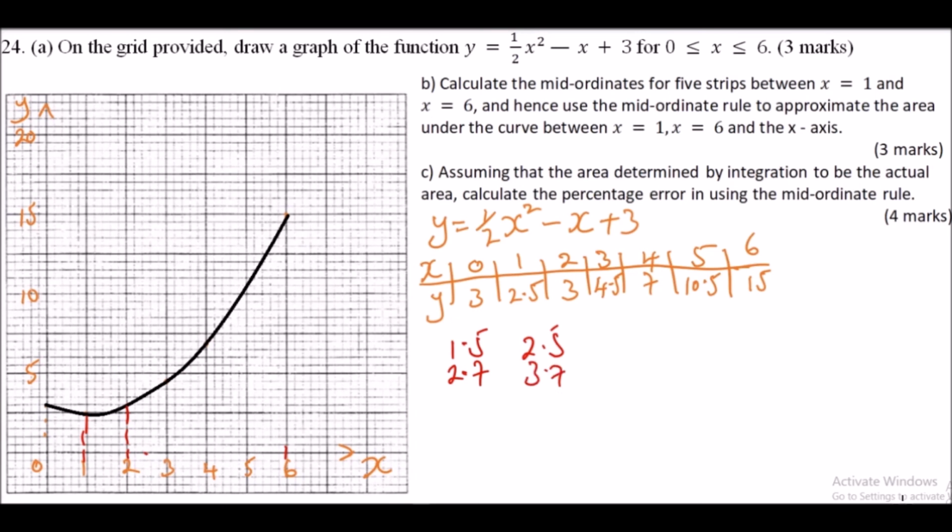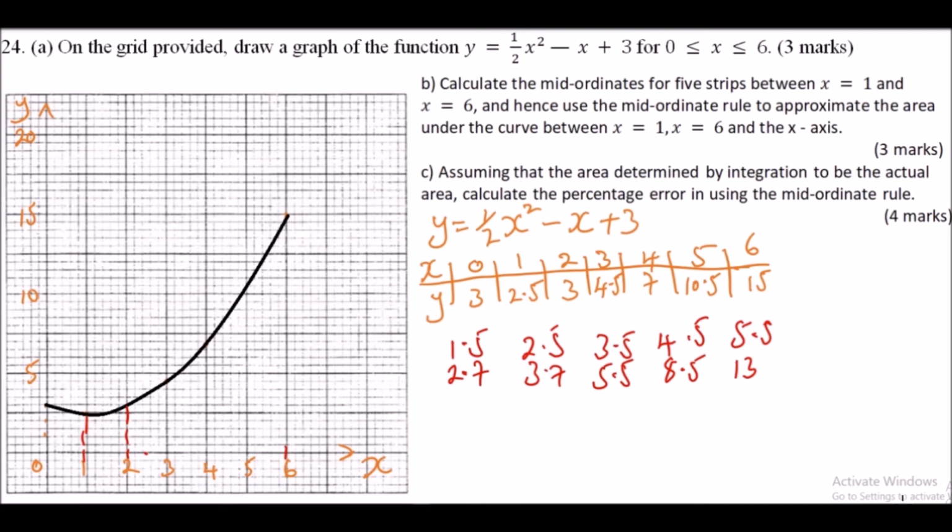Then at 3.5 the mid-ordinate will be 5.5, and then we have 4.5, the mid-ordinate is 8.5, and at 5.5 the mid-ordinate is 13. So we approximate those values.